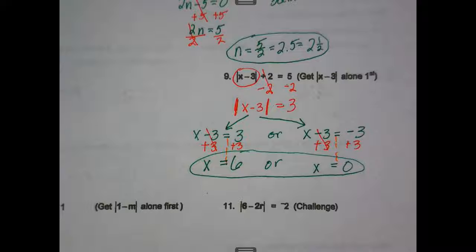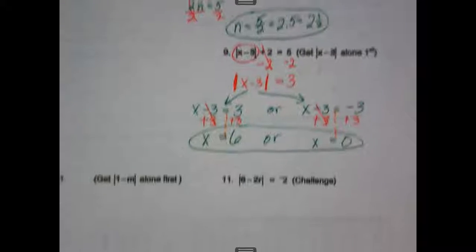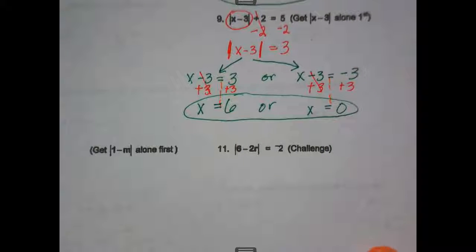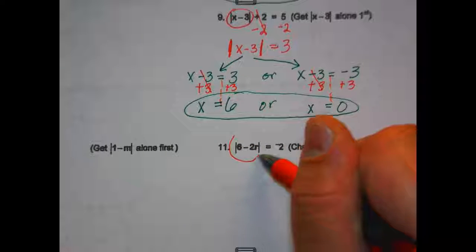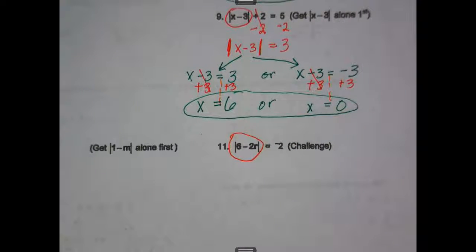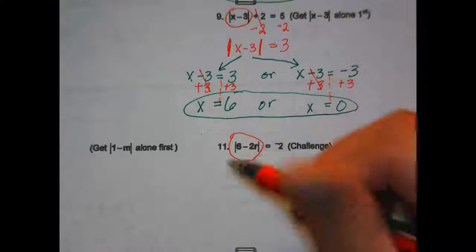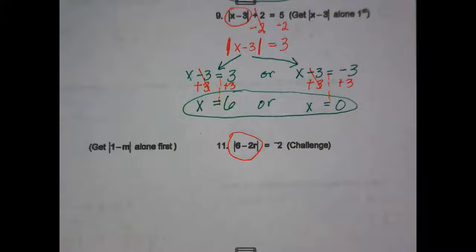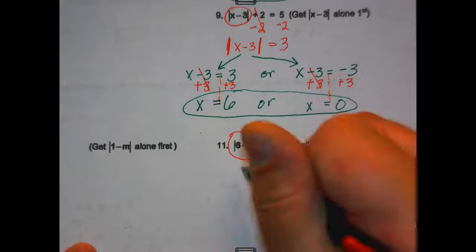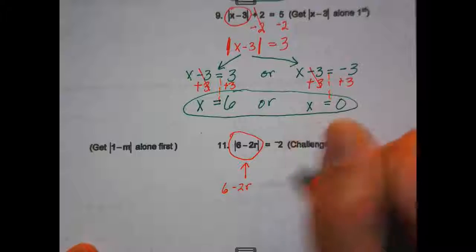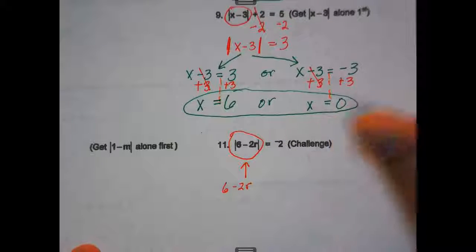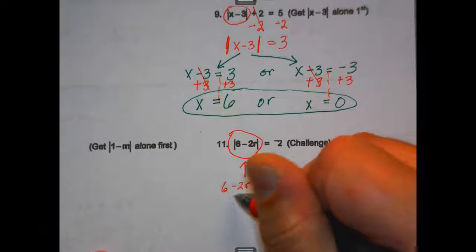All right, let's talk a little bit about number 11. First of all, is my absolute value term by itself? Yes, it is. Now, remember what this definition means. Whatever's inside has to be a positive distance, right? So 6 minus 2r has to be positive. It's a distance.